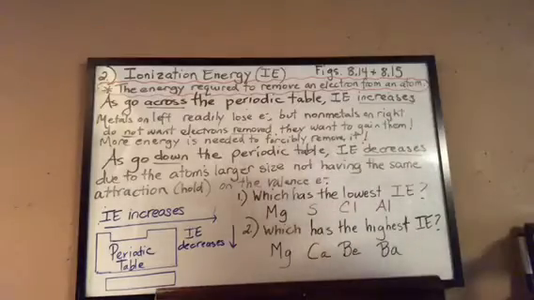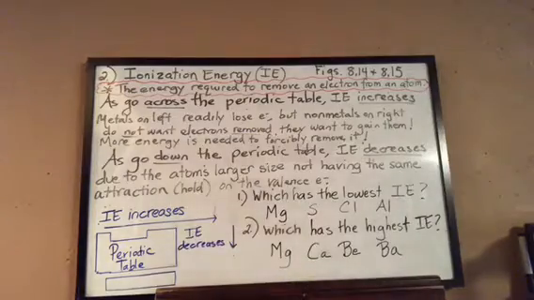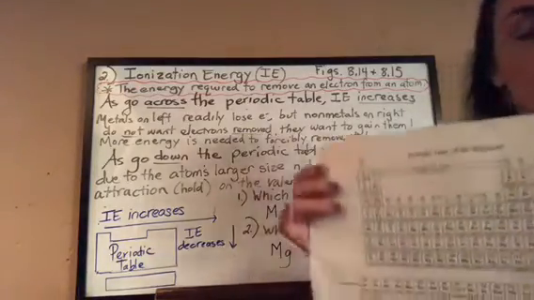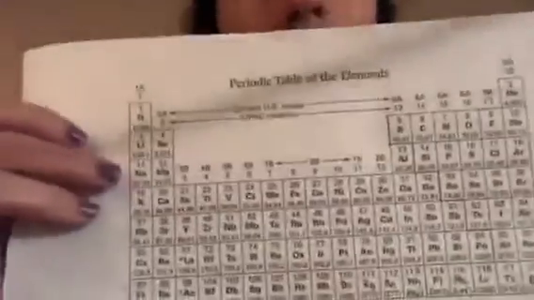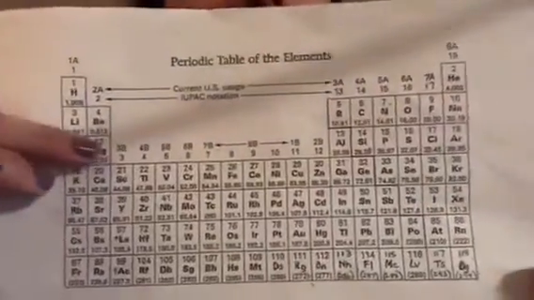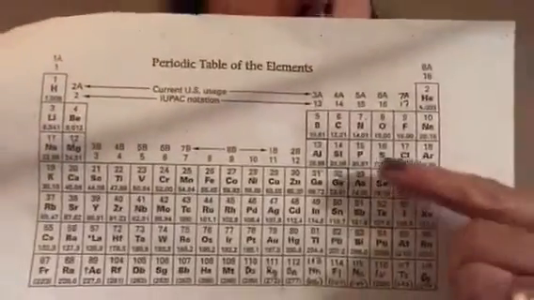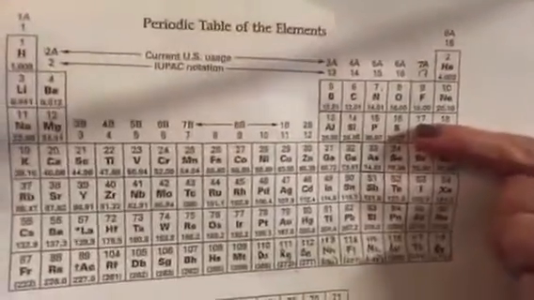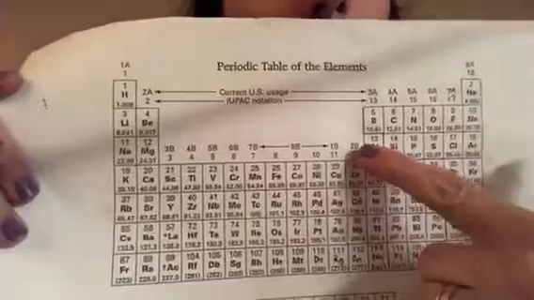Which of these four would have the lowest ionization energy? Okay, so we look at the periodic table, we locate the elements that we are comparing. So we're comparing magnesium, sulfur, chlorine, and aluminum.